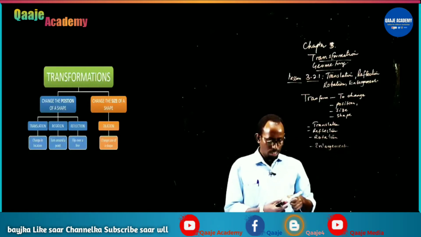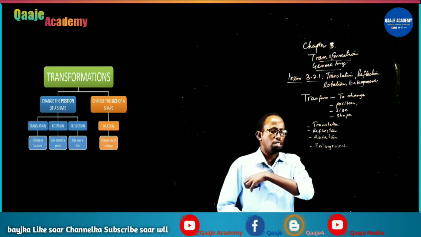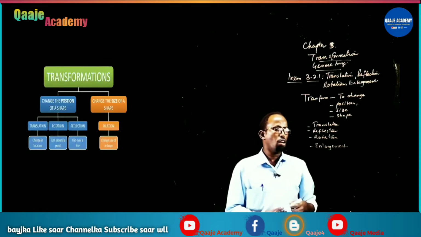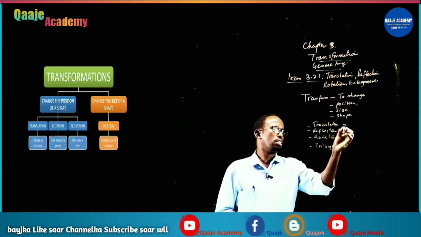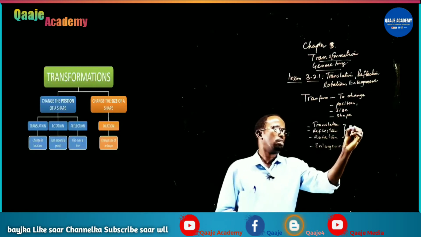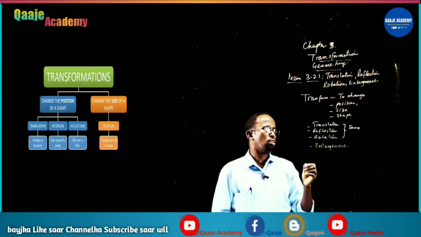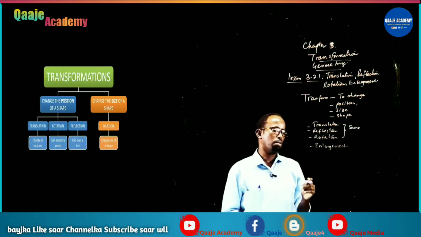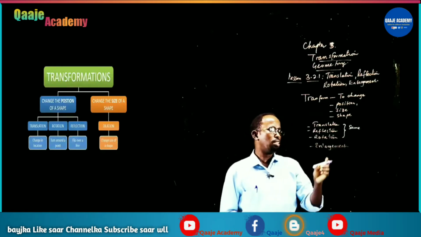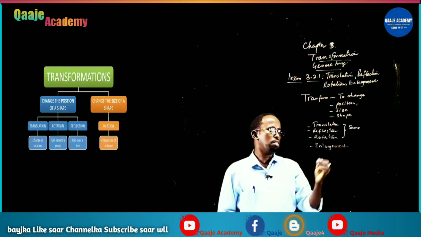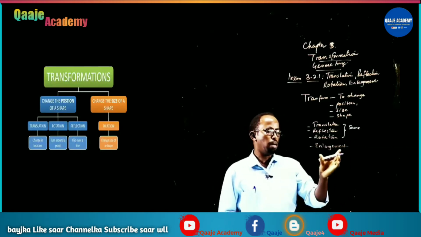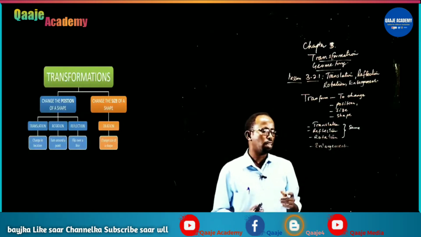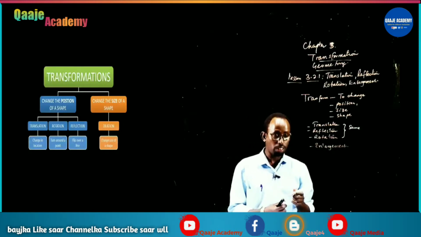For the first three, the object and the image are always the same size. What changes is only the position. But enlargement means increasing or decreasing the size of an object by a scale factor.